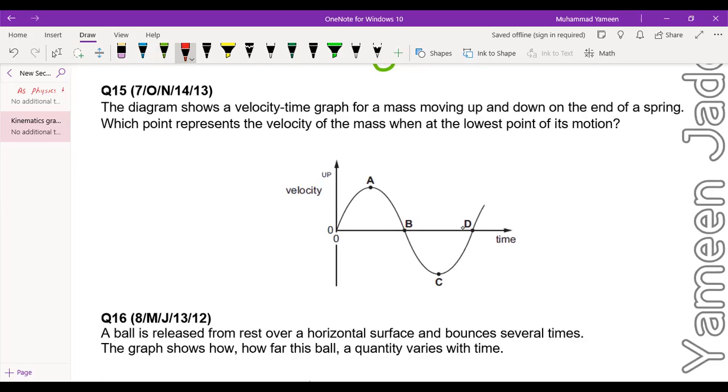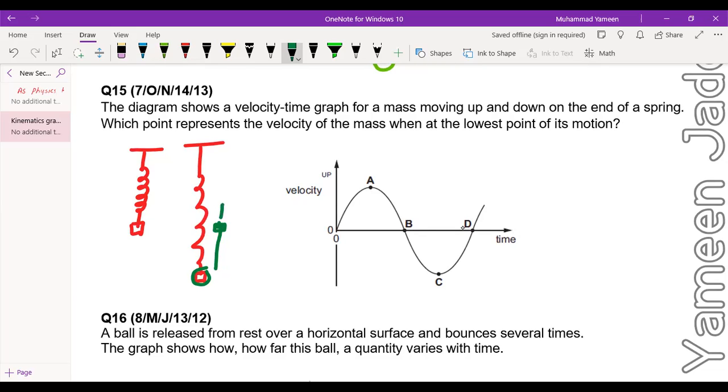Okay, so as the object is attached with the spring, when you pull it and release it from here, that is the lowest point, the velocity over here will be 0. Then as it moves in the upward direction, velocity increases, and because the spring has maximum extension, over here the extension becomes 0, so velocity is the maximum value.